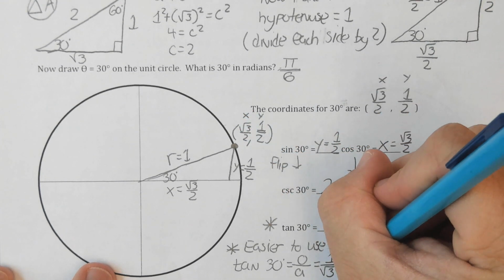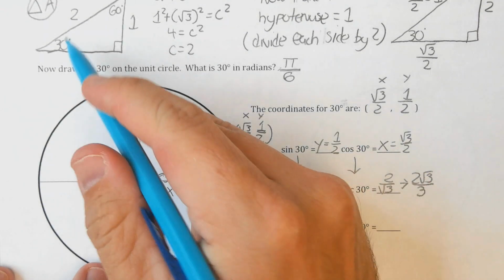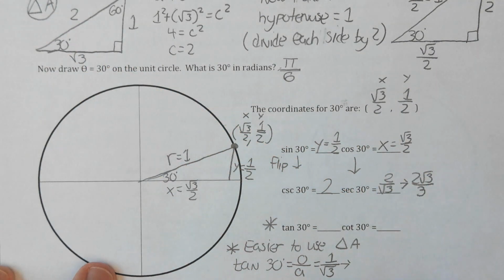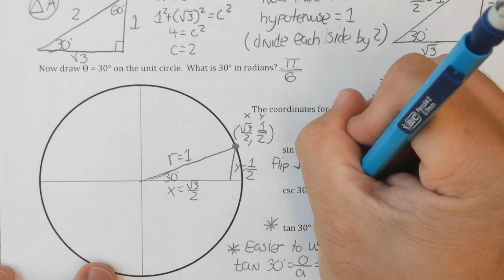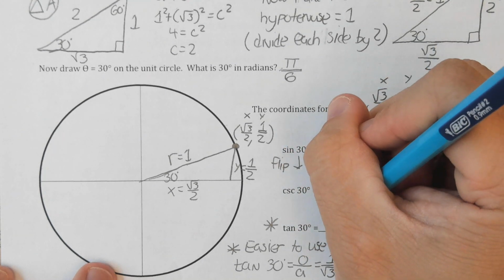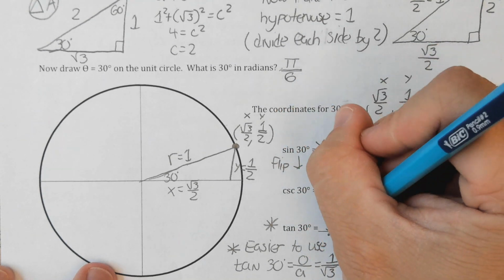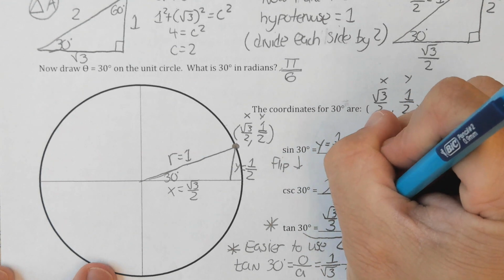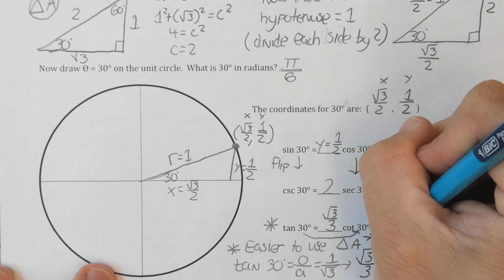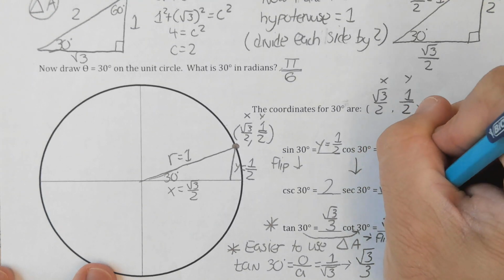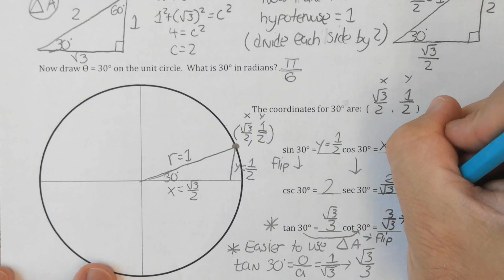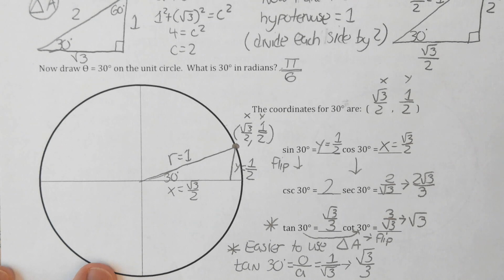So what we find is that when we go back here and use our 30, 60, 90 triangle, we can find tangent to be 1 over root 3, which ends up being root 3 over 3. Which now, recall, we have to flip for cotangent. And so when we flip, we get 3 over root 3, which when you rationalize the denominator, you end up with just root 3.